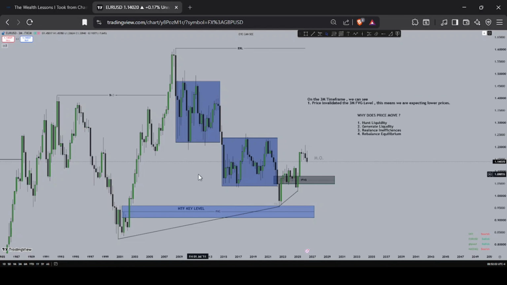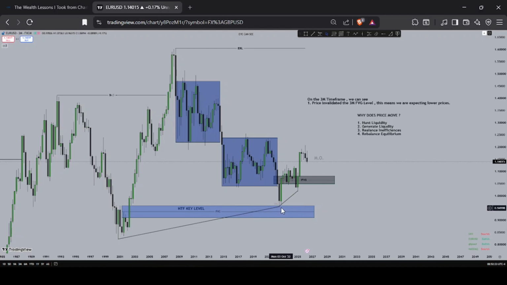Now, something is much more interesting here, because as price was rebalancing equilibrium, it put in a key low at a very significant price level and also at a very significant time. At this low, there is an SMT between EU and GU. This means this is most likely going to be a very important swing point, as you look to put a low here and then target the generated liquidity.